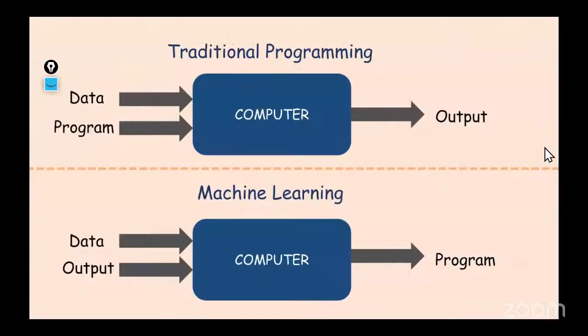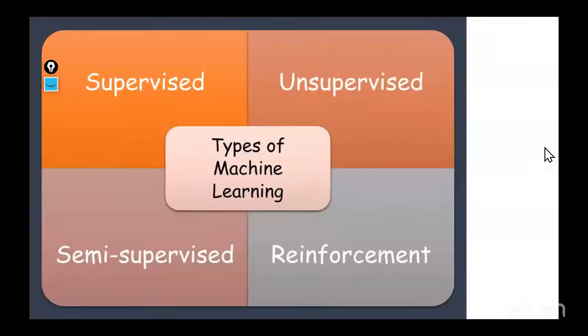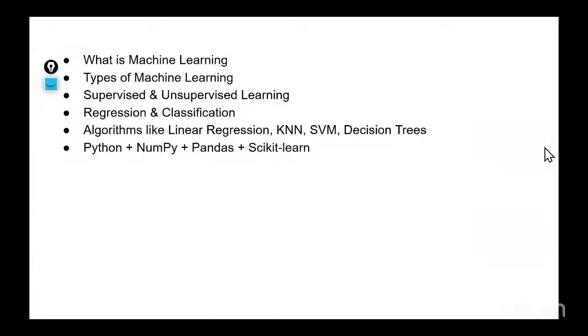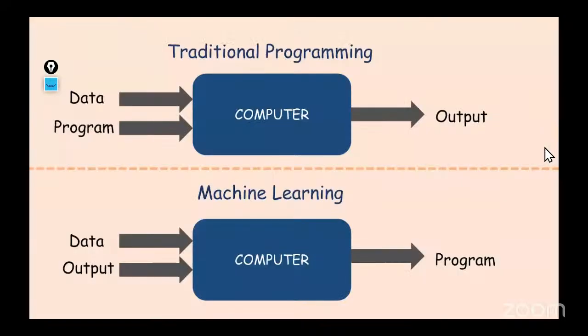Okay, just now we discussed machine learning, and we have different types of machine learning. We also discussed that machine learning is all about teaching a computer. Very simple definition. I know this definition is not perfect, but it's correct. Basically, we are teaching the machine. That's it.